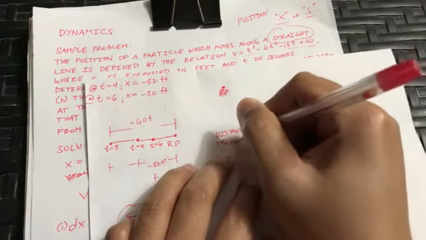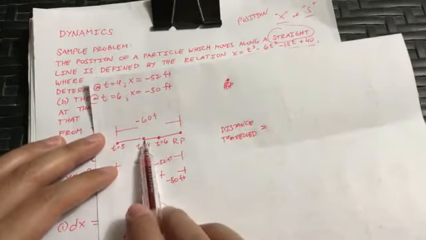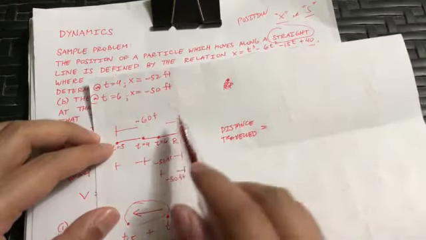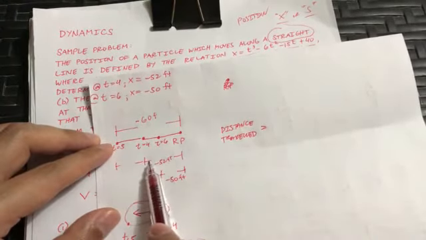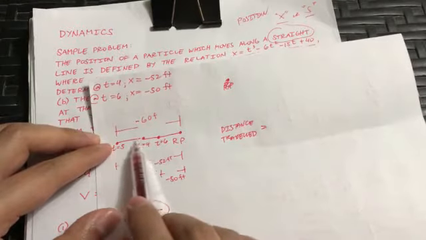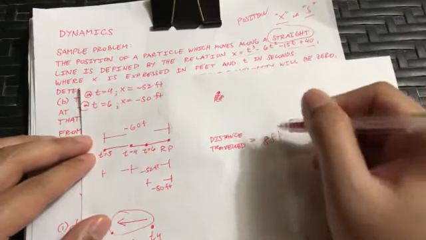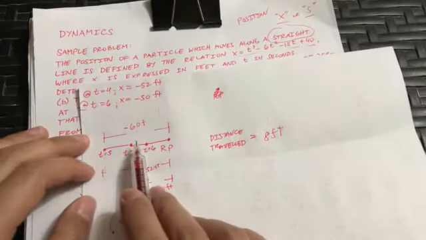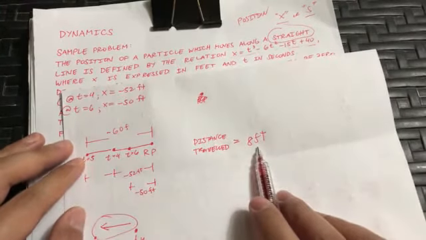So from time 4 to time 5, how much is the distance traveled? We have a total distance of 60 and a total distance of 52. Therefore, their difference is equivalent to 8 feet. So it traveled an 8 feet distance from time 4 to time 5.